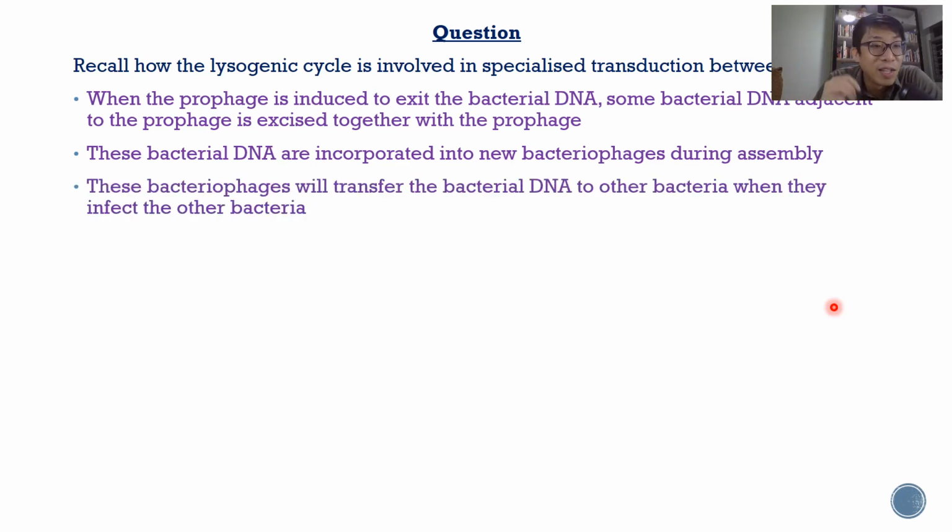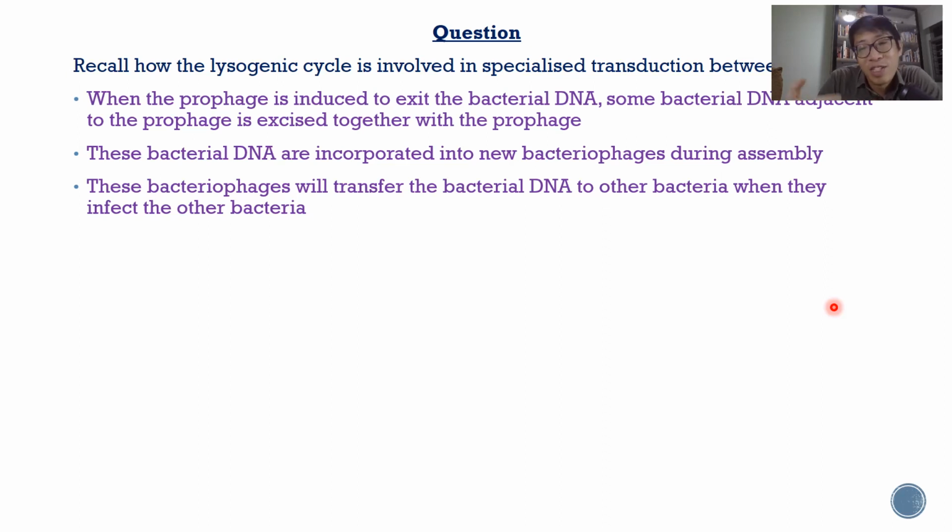Obviously, when these bacteriophages are released and infect another bacterium, they transfer the viral DNA together with the bacterial DNA into the next infected cell. So this is specialized transduction. It is specialized because the location where the bacterial DNA is inserted into the bacterial chromosome is not random.